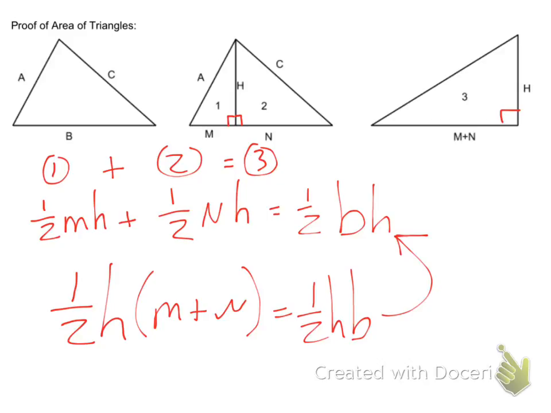It doesn't matter if the height's inside the triangle or outside the triangle, as in an obtuse triangle. We all know what obtuse triangles look like, right? So if you had something like this, the altitude would be on the outside, dropping straight down to the floor from this back corner.